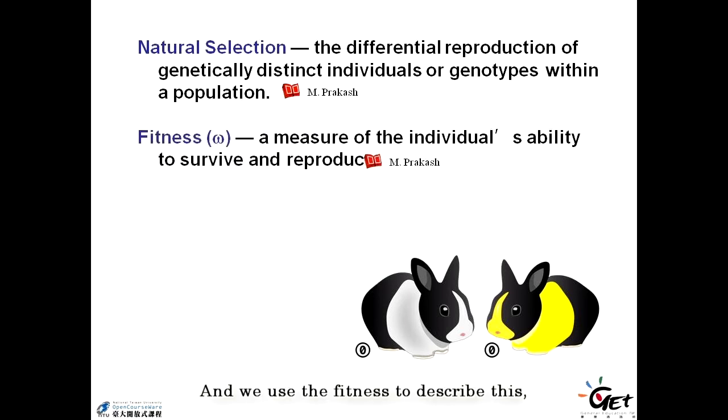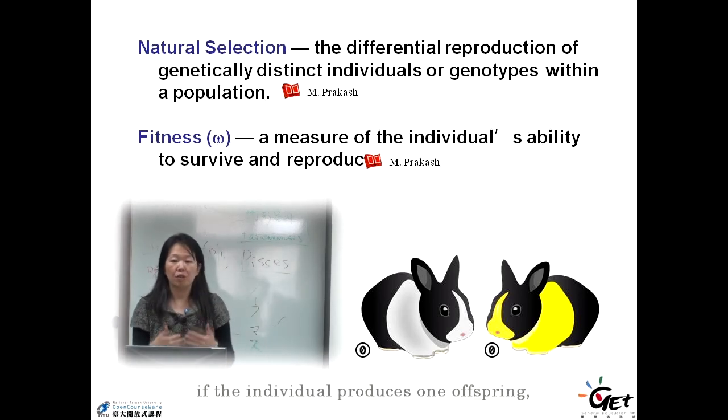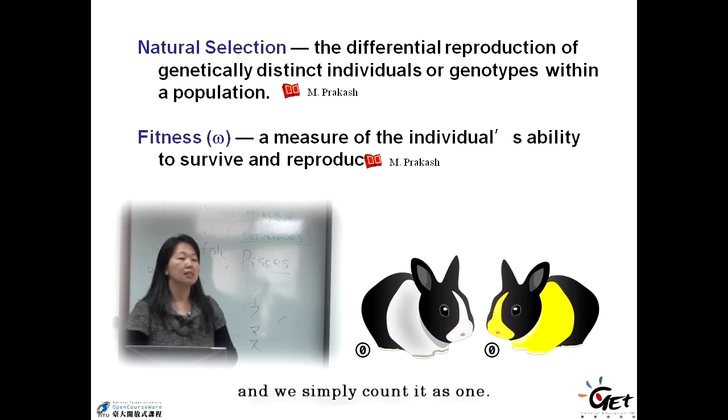And we use fitness to describe or measure this quantity. We use omega as the symbol to describe an individual's ability to reproduce. When we talk about the fitness of one individual, if this individual produces 1 offspring, we simply count it as 1.